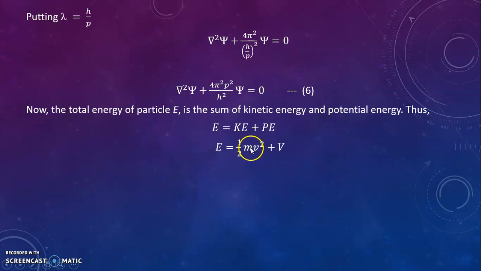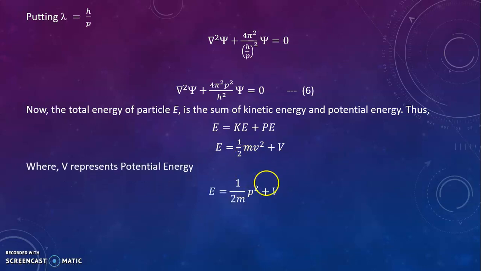So multiply this term by m and divide by m. So m square into v square becomes p square, and at the denominator there will be m. So this equation becomes E is equal to half, or we can say p square upon 2m, plus V.